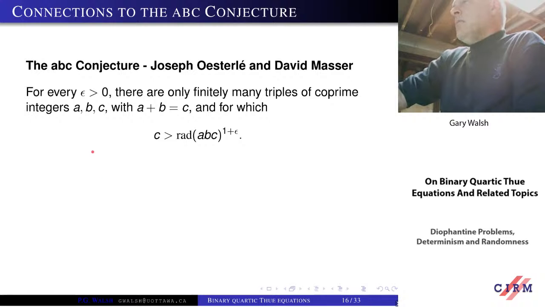The way I like to read the ABC might be a little different from what is standard, but I think this way is more intuitive. This phrasing says that for any epsilon bigger than 0, there are only finitely many triples of coprime integers A, B, and C, satisfying A plus B equals C, for which C is bigger than the radical of ABC to the power 1 plus epsilon.